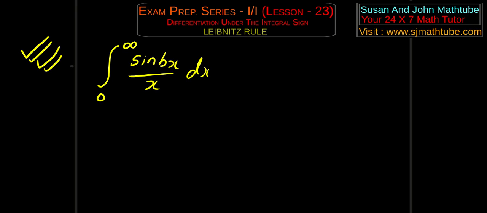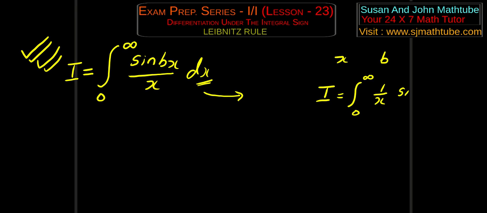Okay, now look at this. I'm going to call the given integral as I. And I can see that the variable is x and the parameter is b. And for your advantage, I'll show you something. That is, the given integral is 0 to infinity 1 by x sin bx.